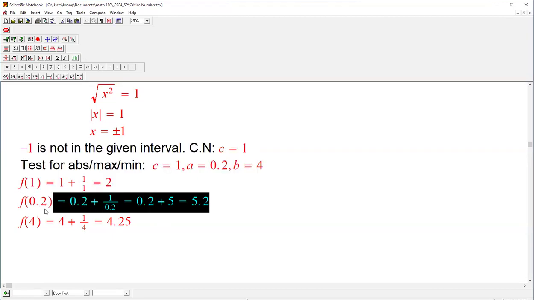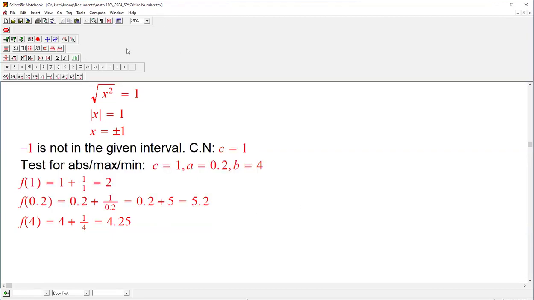Obviously 5.2 is the largest, so this is the absolute max. And the smallest is 2, so that is the absolute minimum.